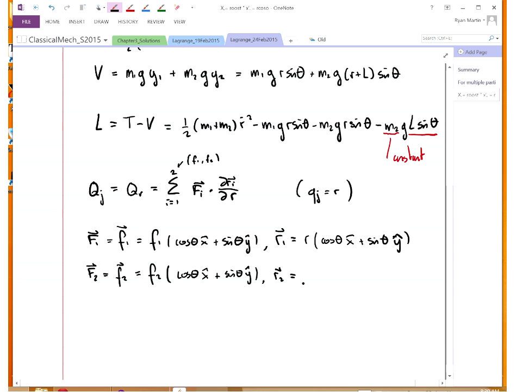And the R2 vector, where the second force is applied, has a length of r plus L, and the direction is again cos theta x hat plus sine theta y hat. Any questions about setting that up?